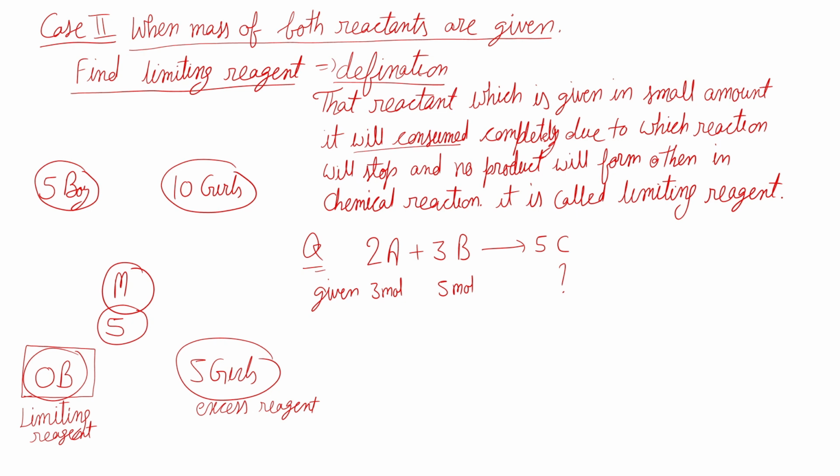Okay, so how we will find this? So we can see that 2 mole of A is reacting with 3 mole of B. Okay, so if we say we have 3 mole of A, so what is the amount of B is required?